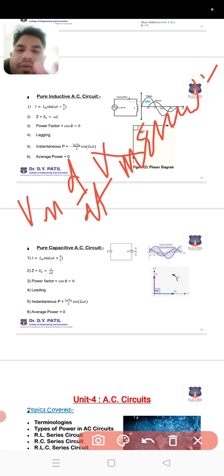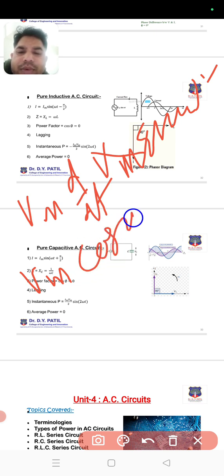So Vm we have already taken out. The derivative gives cos of omega t into omega.